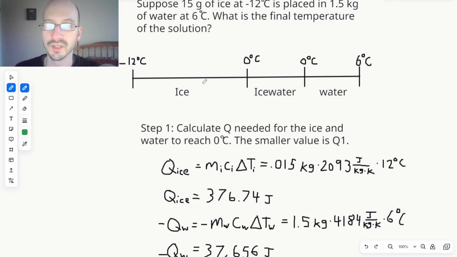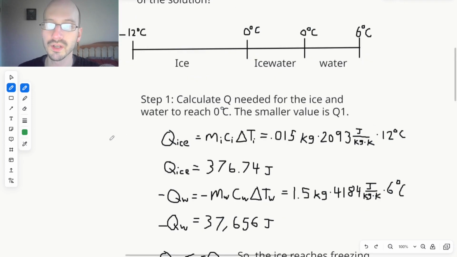Or the third option, the ice could rise to melting temperature, melt completely, and then meet the water at some equilibrium temperature above freezing. To figure out which scenario it was, we started by calculating the heat needed for the ice and water to reach that freezing temperature, and compared them to find out which one actually did.